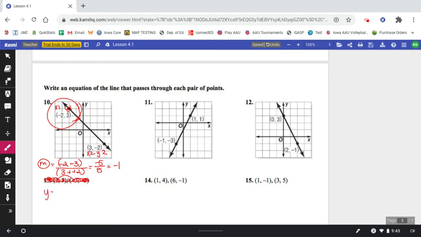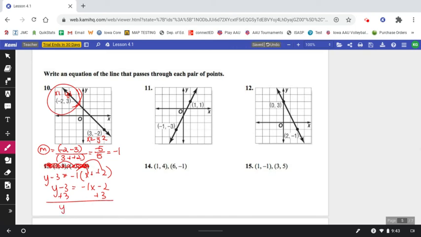So y minus 3 equals, we found the slope to be -1, parenthesis, x minus -2, which becomes plus a positive. y minus 3 equals -1x minus 2. Add 3. And so the equation for this number 10 is y equals -1x plus 1. And we can see that right here. There's my plus 1, and look at my slope, down 1 over 1.